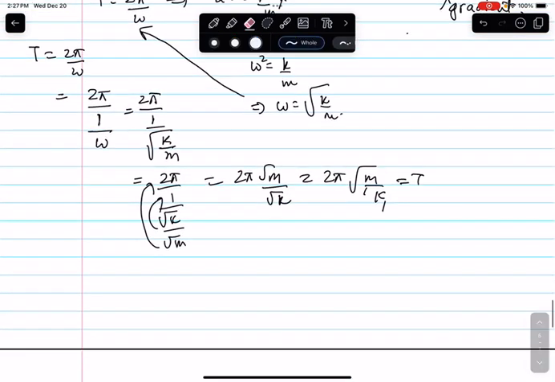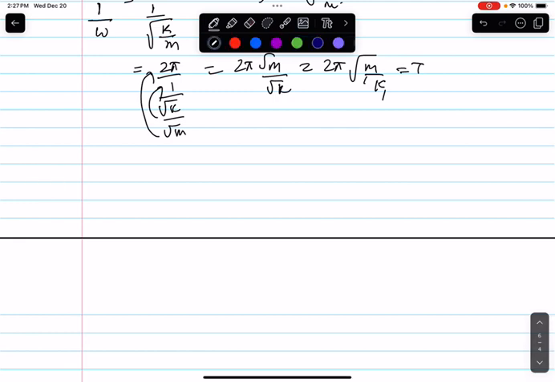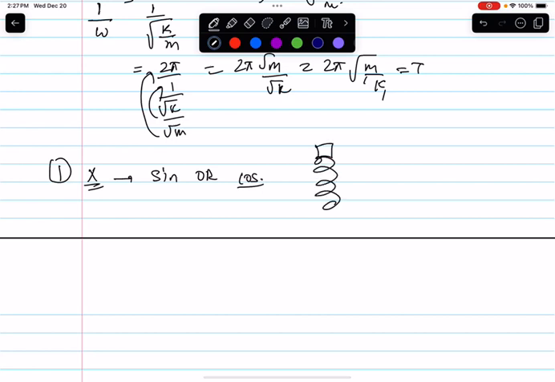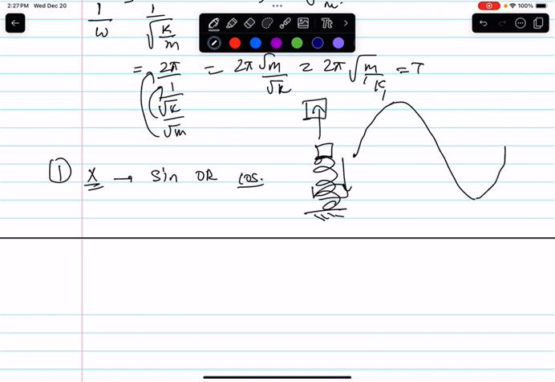The main thing is that the displacement x is a function of sine or cosine. It just depends on the starting position. In a mass spring system, if you start from the equilibrium and graph it, the mass goes higher to its extension, then goes lower to the lowest position, and then goes back. So this shows a sine curve.